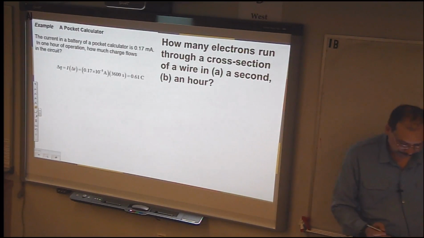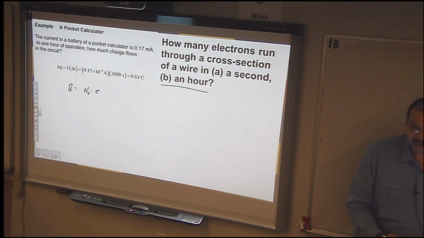Well, we just needed to use that relationship between the charge, the number of electrons, and the elementary charge. So this is what we can calculate immediately.